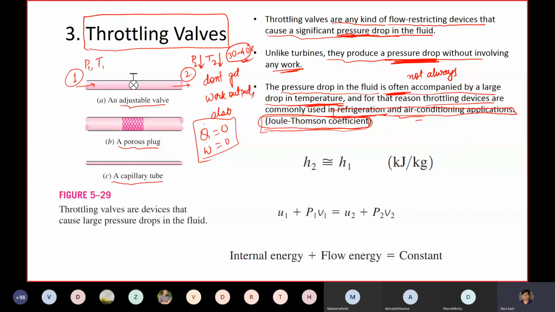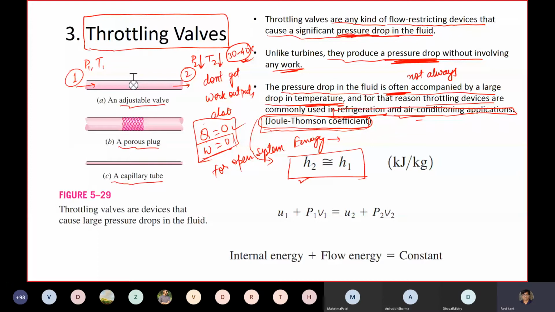Okay, so essentially, since there is no heat interaction and no work interaction, for an open system the energy balance equation boils down to this particular equation.